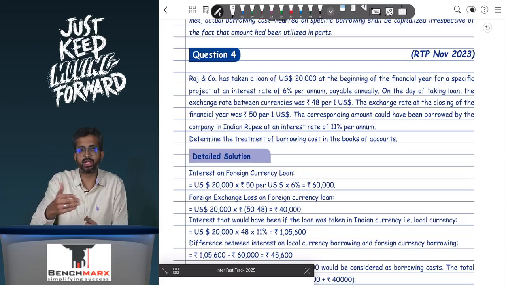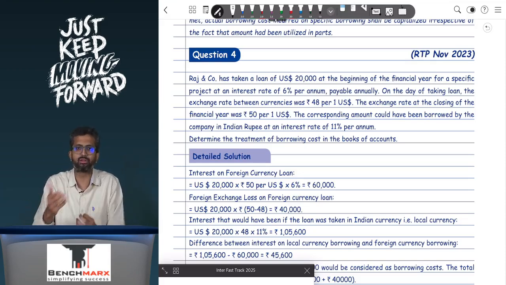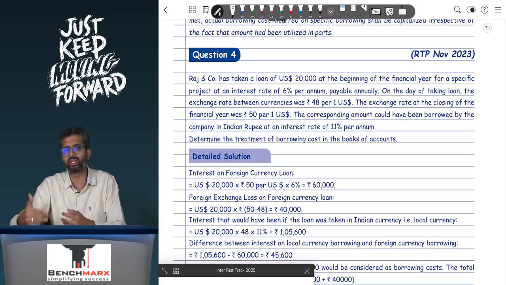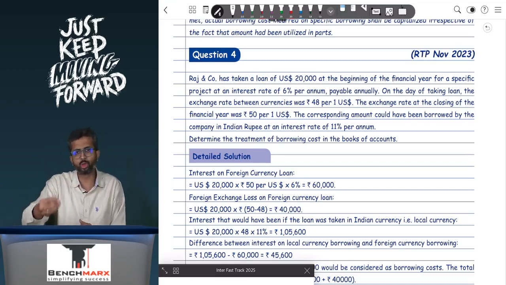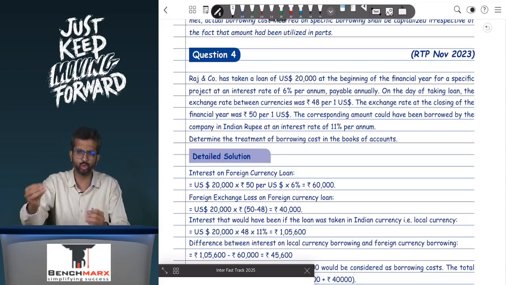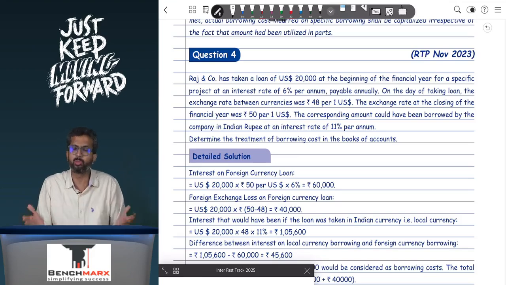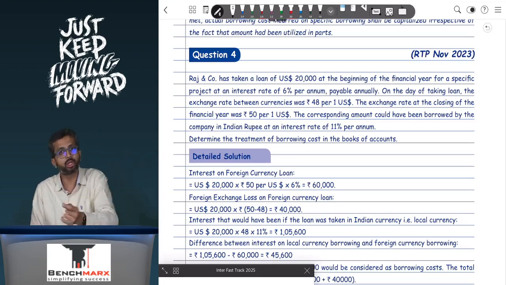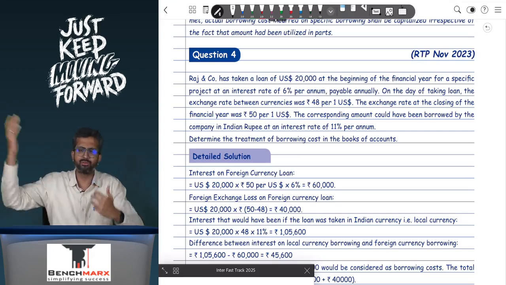So if the loan interest is 4%, and if this loan is taken for a qualifying asset, then whatever is the loan amount into 4%, that will come in dollars, into whatever is the appropriate rate will give me the borrowing cost. However, if a similar loan is taken in India, it may cost me around 10, 11, 15%.